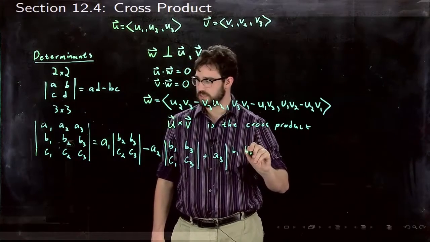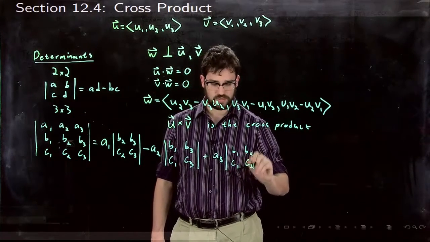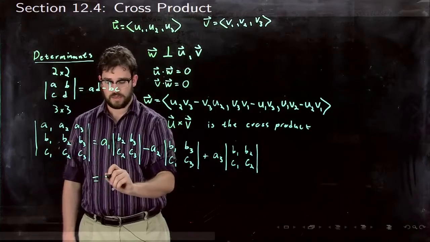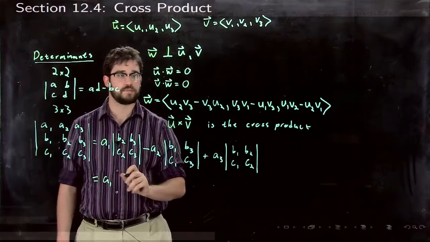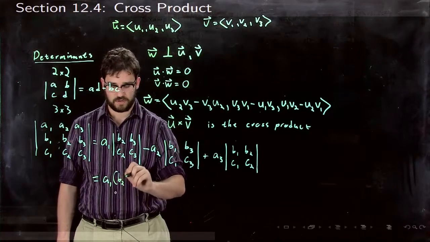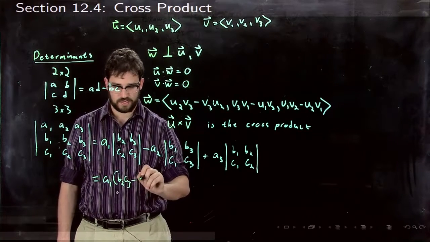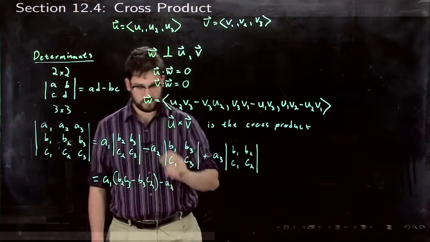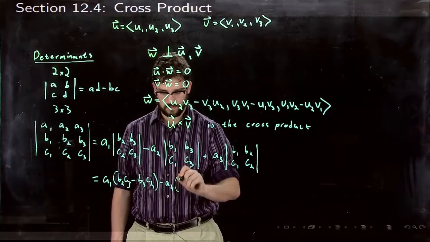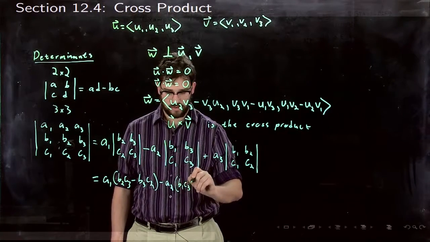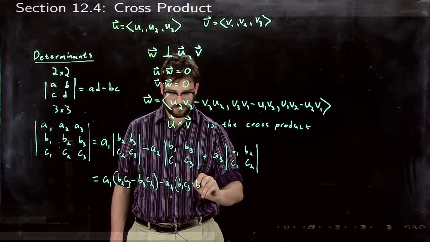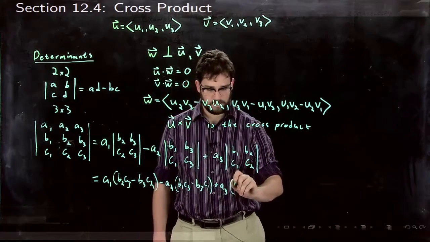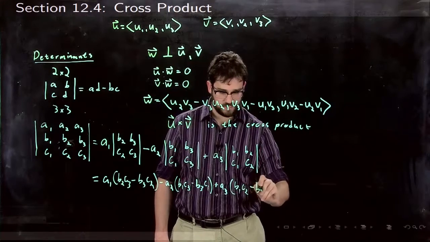B1, B2, C1, C2. If you simplify this, it's going to be A1 times (B2 C3 minus B3 C2), minus A2 times (B1 C3 minus B3 C1), plus A3 times (B1 C2 minus B2 C1).